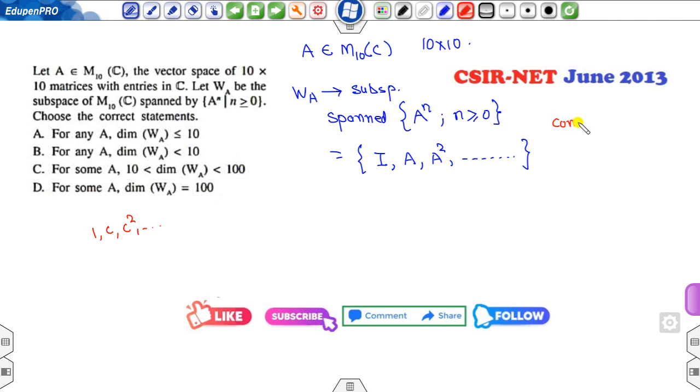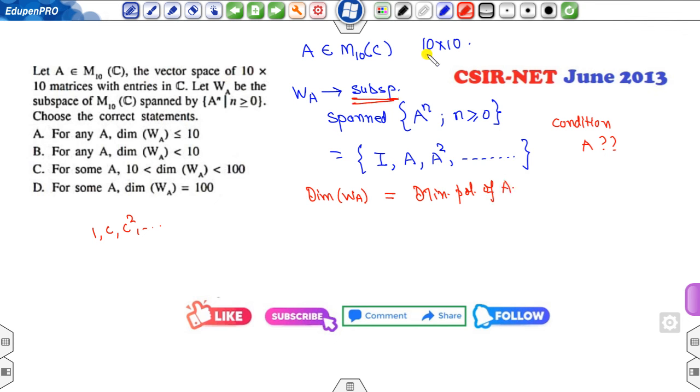Is there any additional condition imposed on A? You can see there is no condition imposed on A. So that means the dimension of this W_A, what will that be? It is the degree of the minimal polynomial of A. Fine. So what is the minimal polynomial?